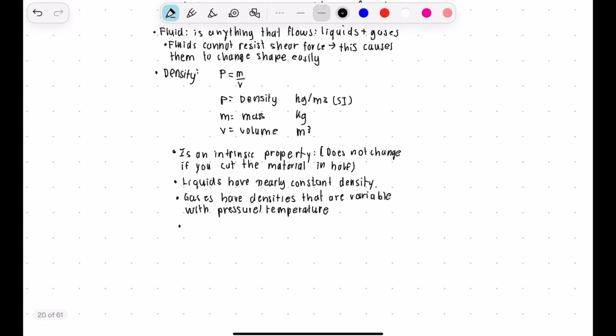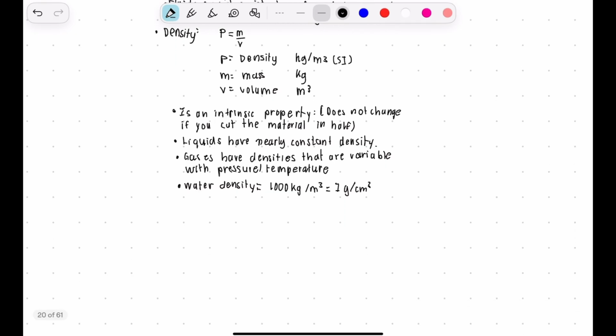You need to memorize specifically water and its density, which is 1,000 kilograms over meters cubed, which is equal to 1 gram over centimeters cubed.